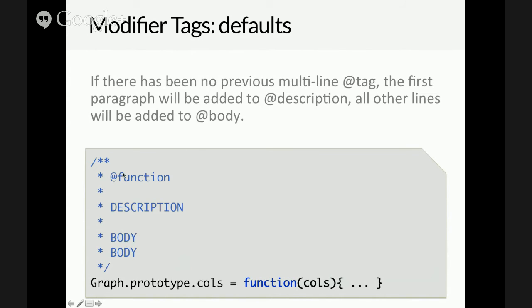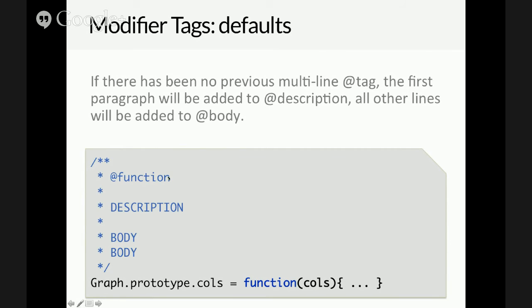The default behavior of text that's found not in a signature, not in a param, not in a return, if you have text that's not found in a multi-line tag, and what I mean by a multi-line tag is like @return is a multi-line tag. So if something's found outside of a multi-line tag, it's first assumed to be a description, and then if there's a line break, like an empty line, after that point it's assumed to be the body.